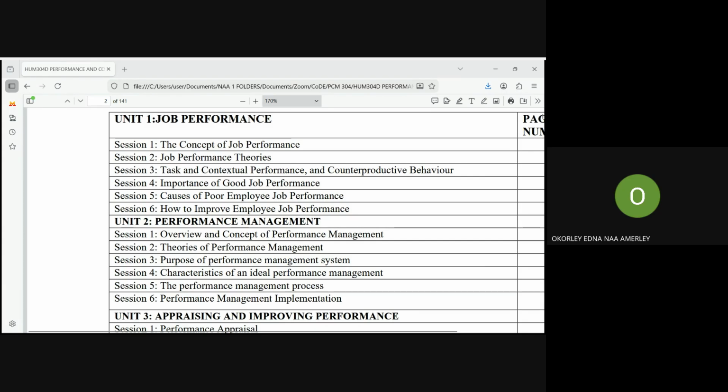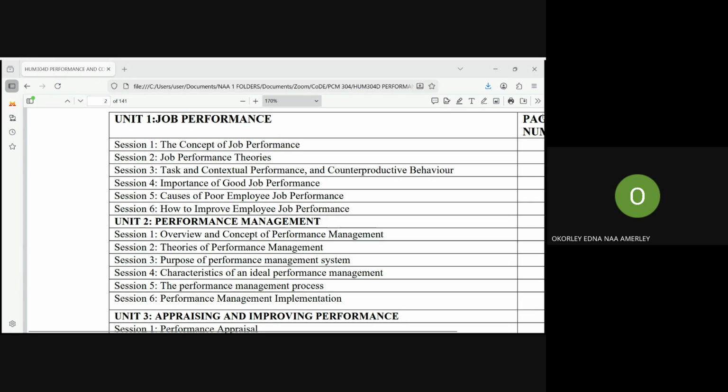So we are going through the job performance outline under Unit 1. The first one under Session 1 is the concept of job performance. Then we have job performance theories. Then we have the task and contextual performance, as well as counterproductive behavior. And then we have the importance of good job performance and causes of poor employee job performance.